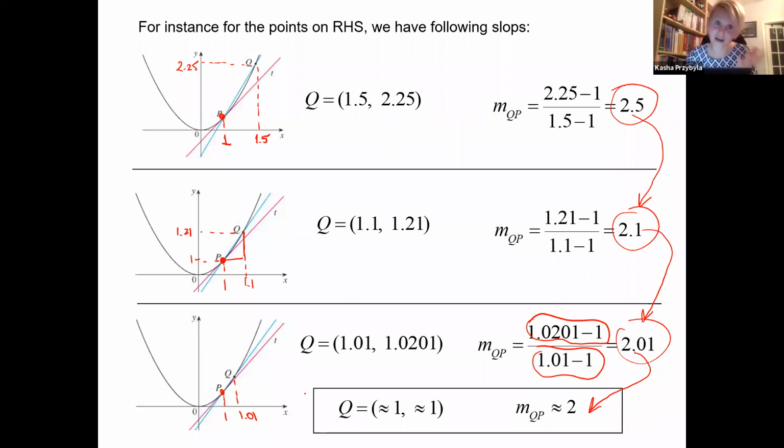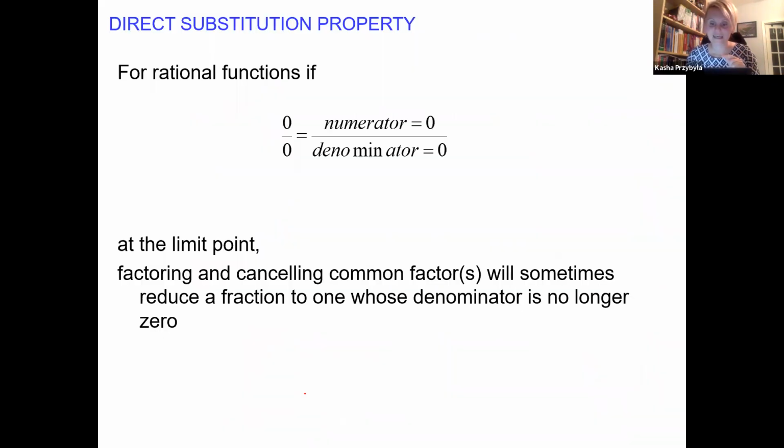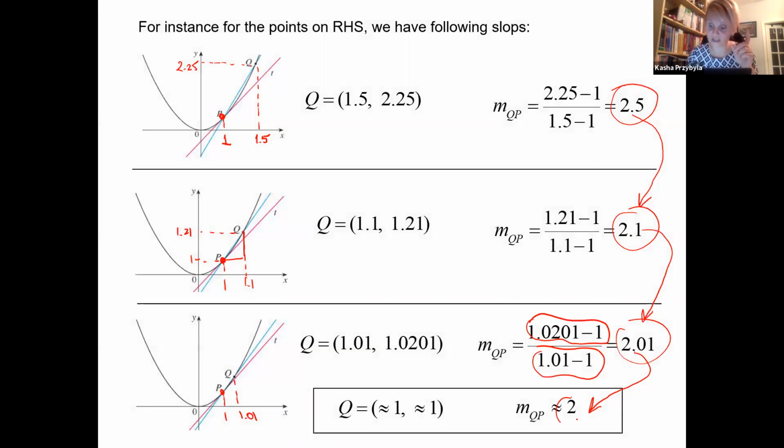But let's see what we can do, because of course we do have an algorithm. When you end up in this situation, substituting a number and getting 0 over 0, please remember, most likely the answer is not 0, because we can't divide by 0. You may think it's undefined, but you can see we actually got 2.